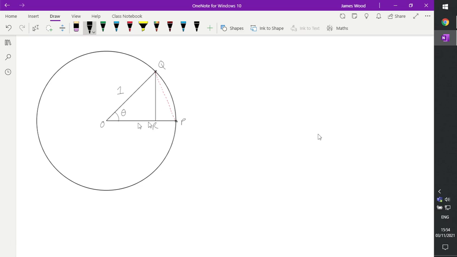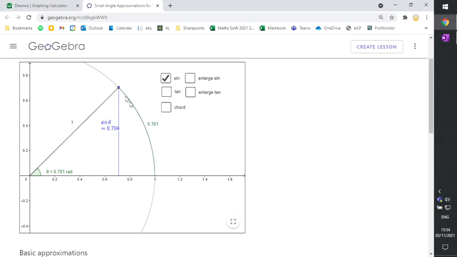Now, what I want to think about here is as theta becomes smaller and smaller again, this straight line here, the dashed line Q to P, is going to become very similar in length to this curved line here, Q to P. Again, I'll show you what that looks like. So here's this shape. As the angle becomes smaller and smaller, this blue line and the green curved line are going to become more and more similar. And you can see their lengths, I've written them on there. Okay, here they're very similar in length.